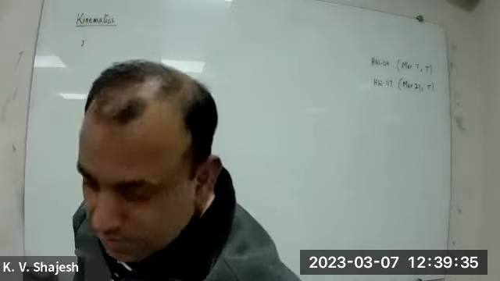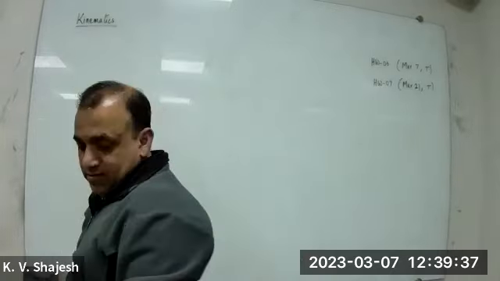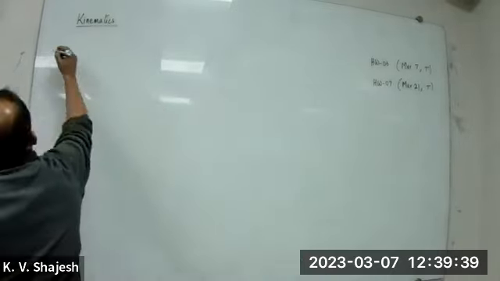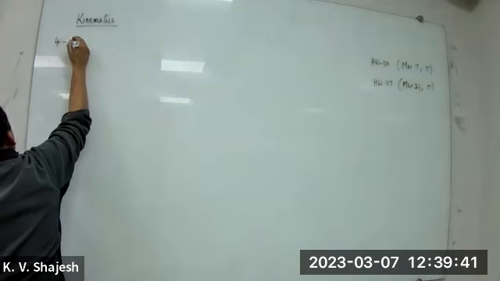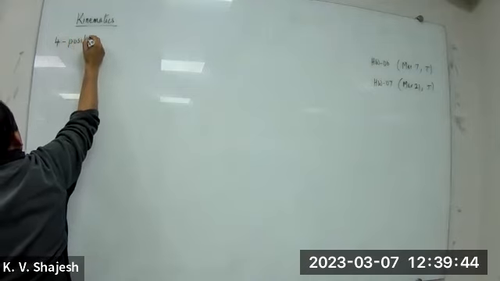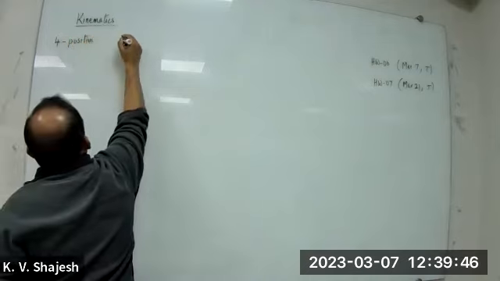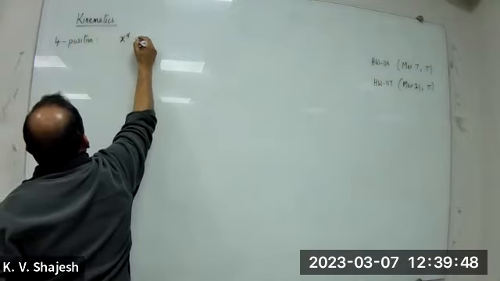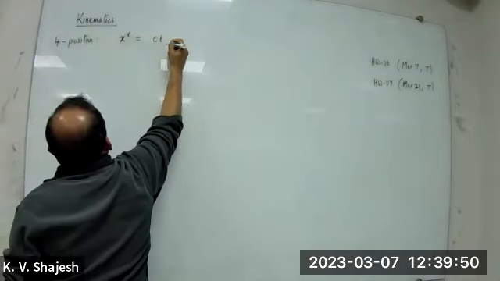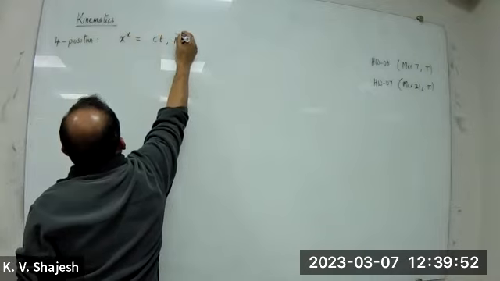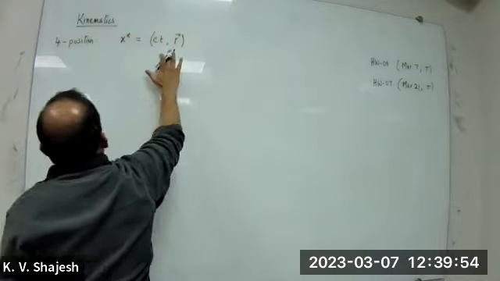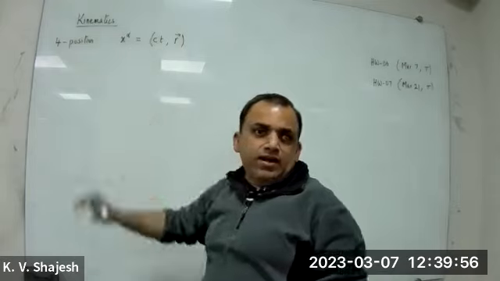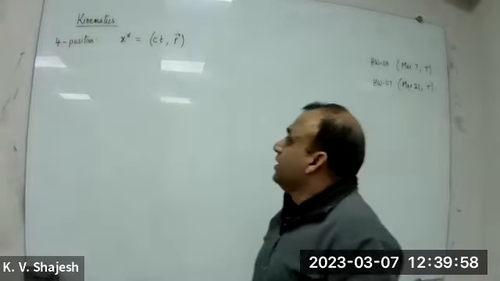Maybe position. So this is 4-position, X alpha, with position R, space position, and time.